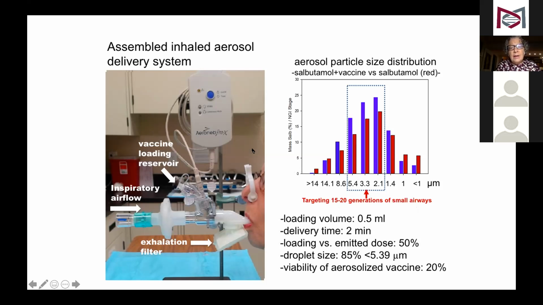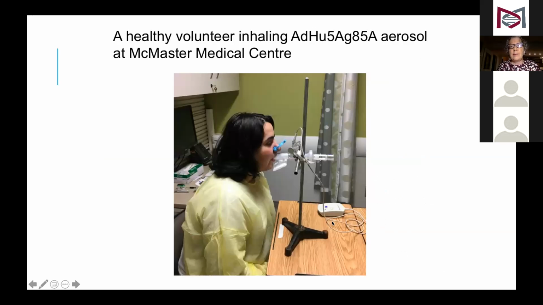And by doing a number of different experiments with Dr. Dolovich, we determined the volume we would need, how long it would take, what proportion of what we put into the nebulizer would actually reach the airways, and particularly the size of the particles, guaranteeing that it would get into the lung.